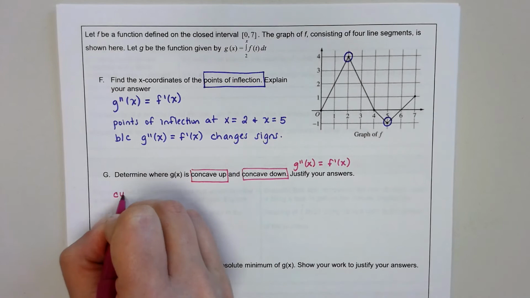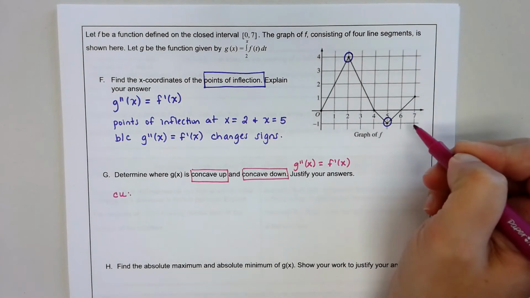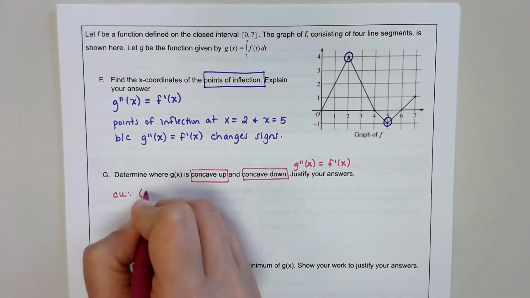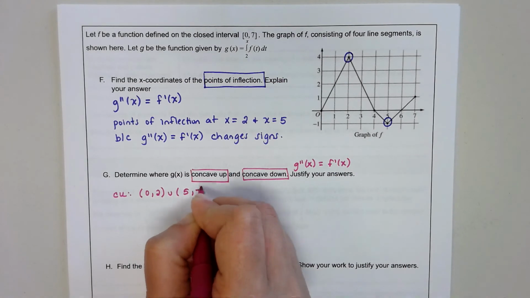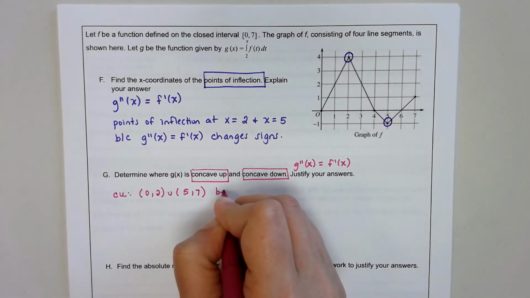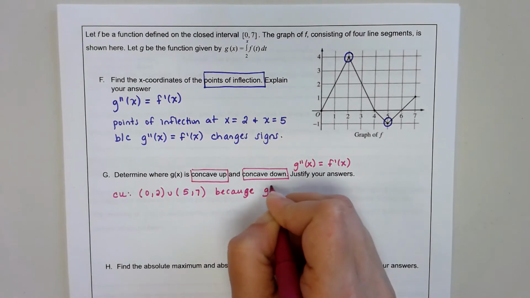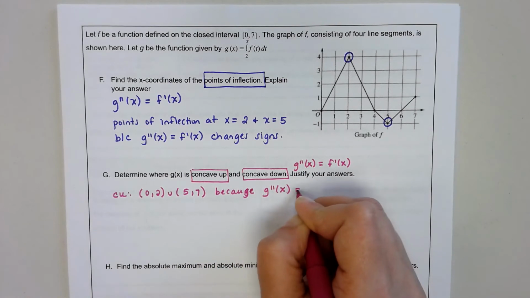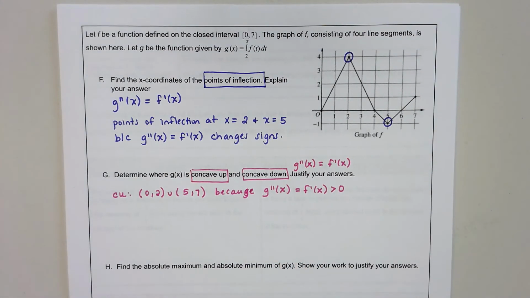So we are going to be concave up whenever we see a positive slope on our graph, which would be from 0 to 2 and from 5 to 7. And we would say because the second derivative of g, which is the first derivative of f, is greater than 0.